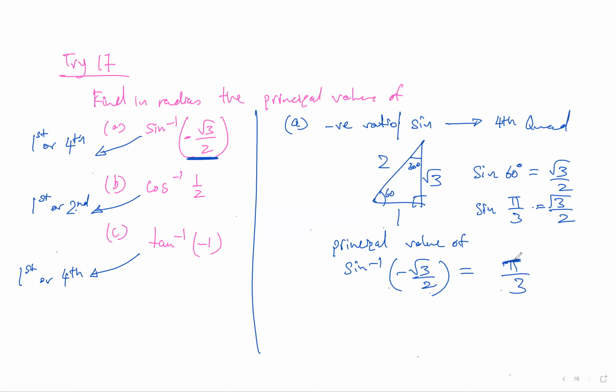But there's a slight difference here. You must take note of your fourth quadrant. Fourth quadrant sine is always what? Negative. Are you with me? In this quadrant, the sine ratio is always negative, and here the theta itself is also negative, because it's going this way.